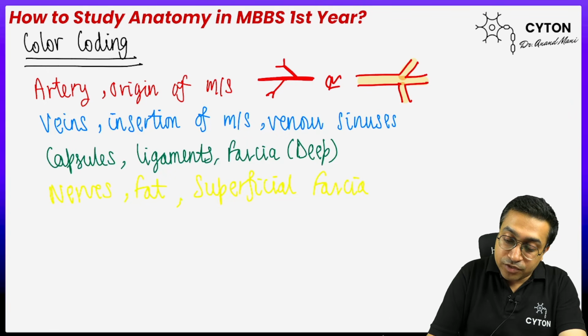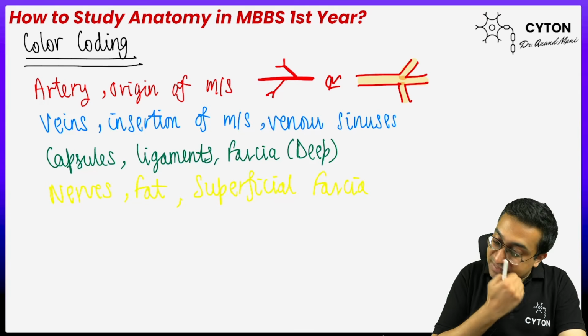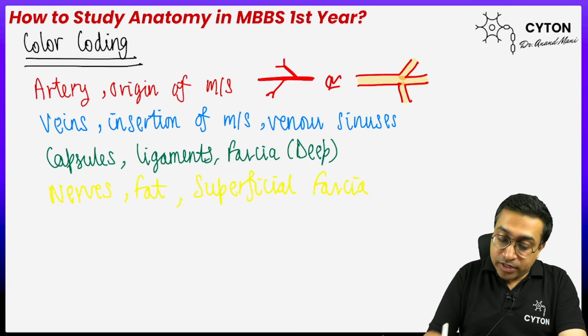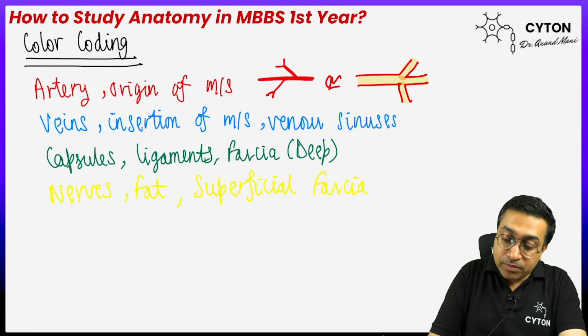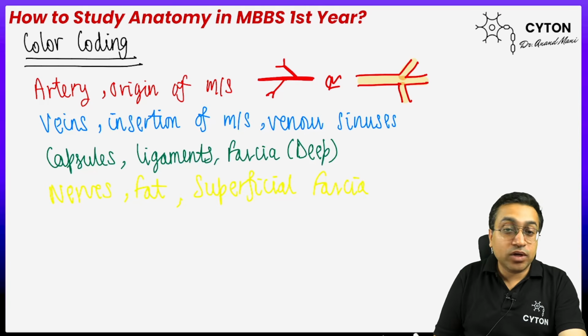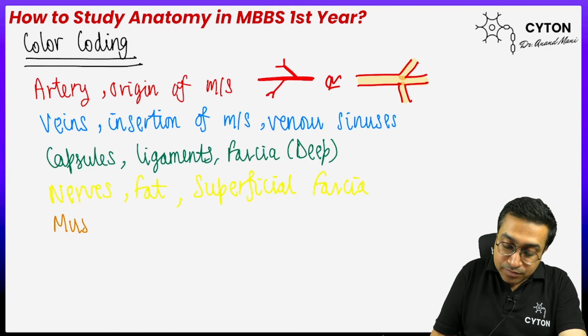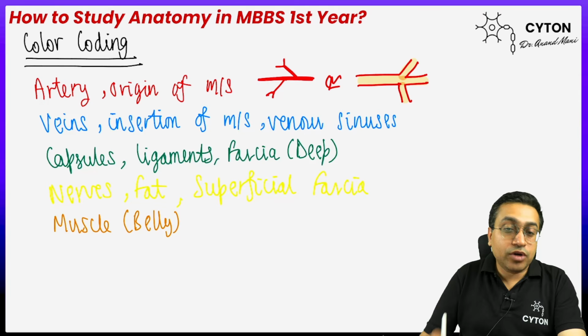Okay, I think it is legible, there is no problem. Then we have the muscle bellies. Okay, so muscle bellies you can draw with the brown color. So muscle belly you can draw with the brown color.